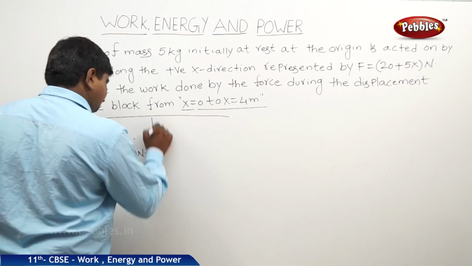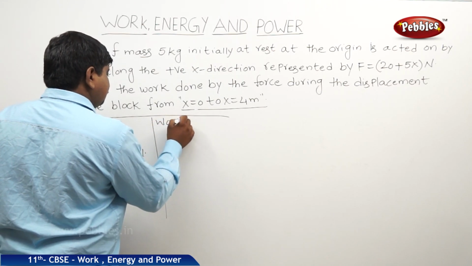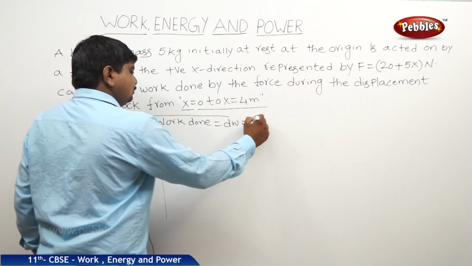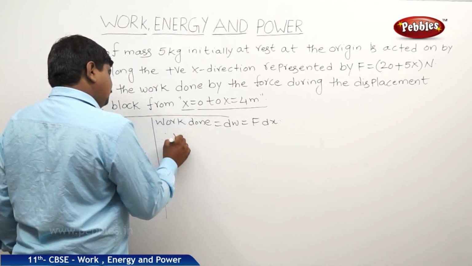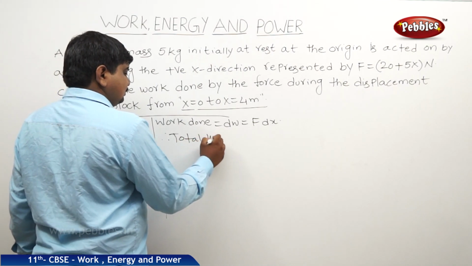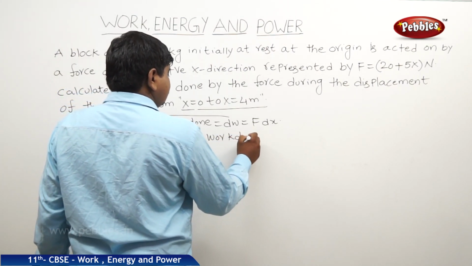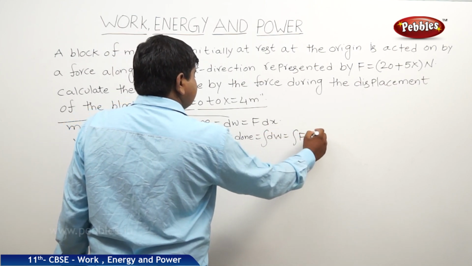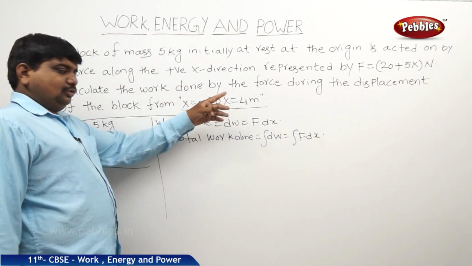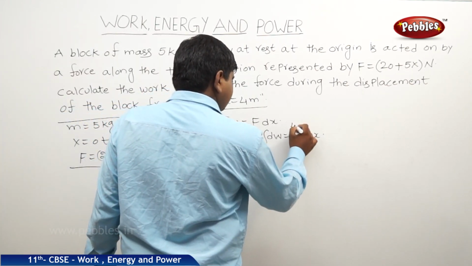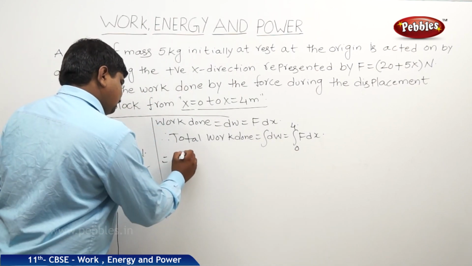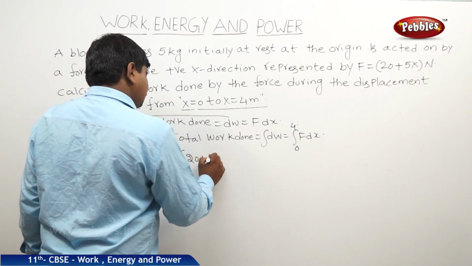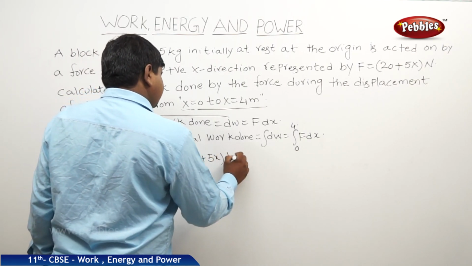So work done: dW is equal to F dx. Total work done is equal to integral dW is equal to integral F dx between the limits 0 to 4, where F is 20 plus 5x dx.